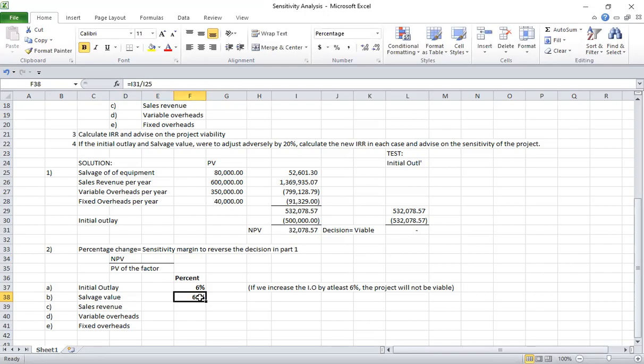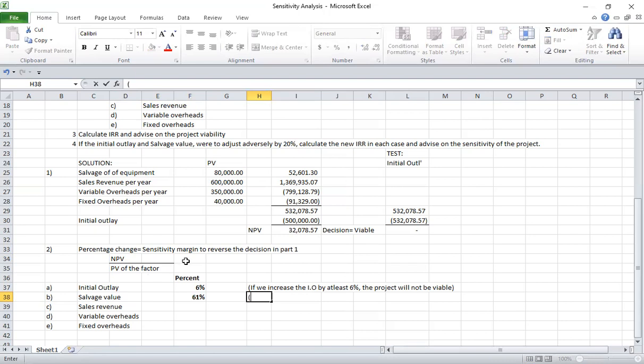And what does the 61% mean? I want somebody to try and interpret for us what the 61% means. Remember that in computing NPV, the salvage value is actually a plus, unlike the initial outlay which we started with, which is a minus.